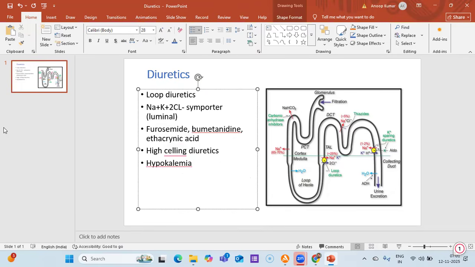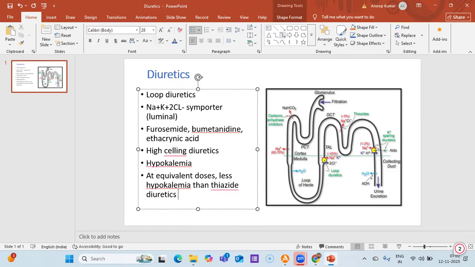But the important thing is, at equivalent doses, you will get less hypokalemia with loop diuretics as compared to thiazide diuretics. Why is it so?